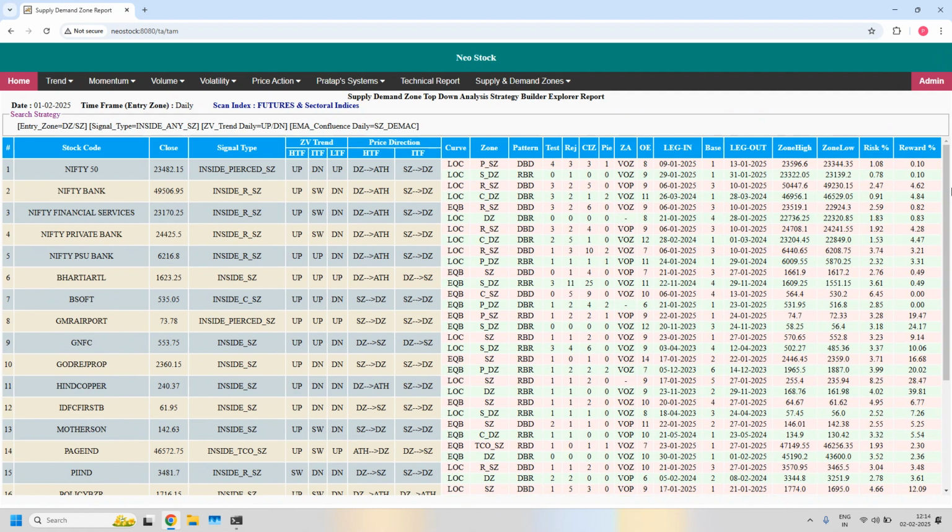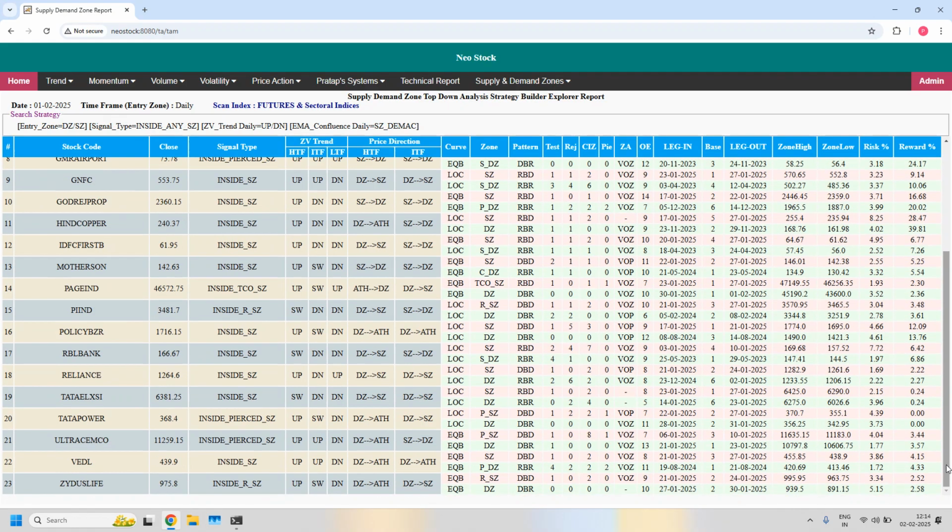First 15 stocks in the list. Even NIFTY and BANKNIFTY supply zones both have EMA Confluence. I'm scrolling the list down. So total 23 stocks. This is about the daily time frame.